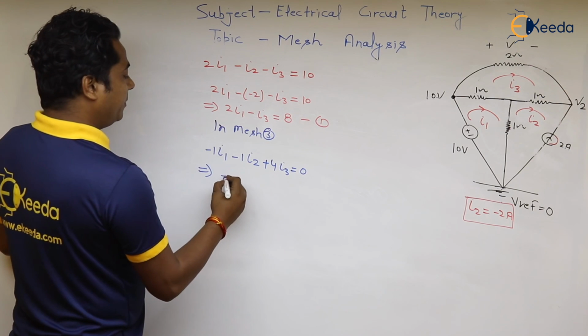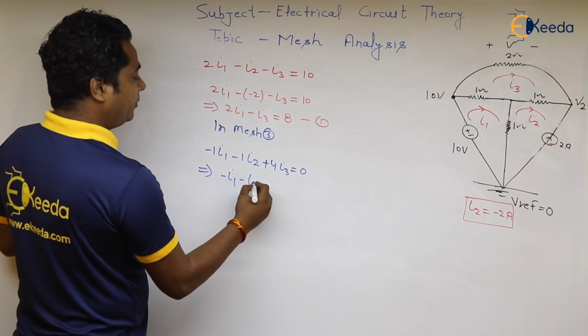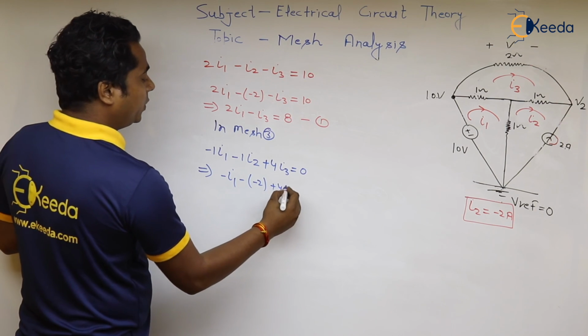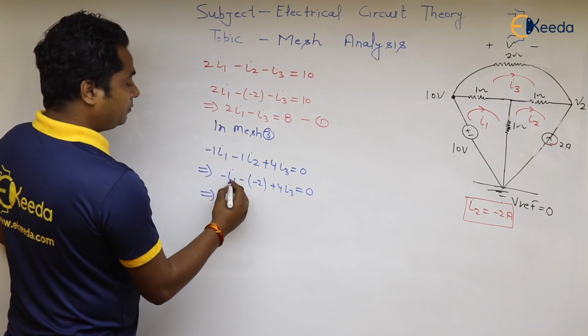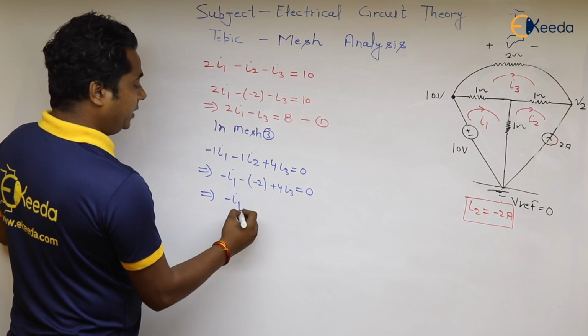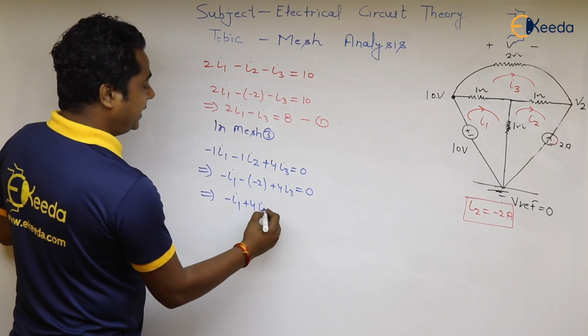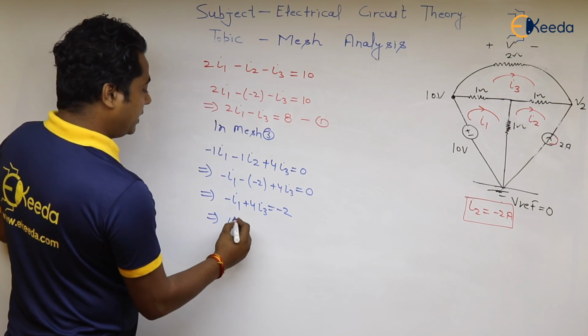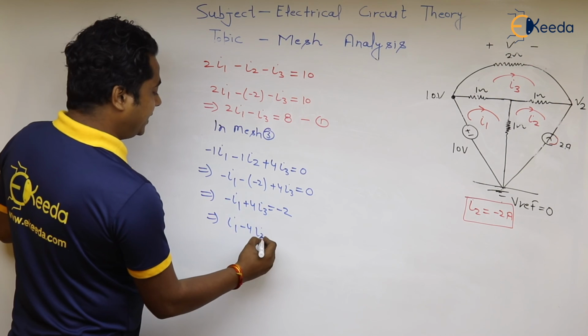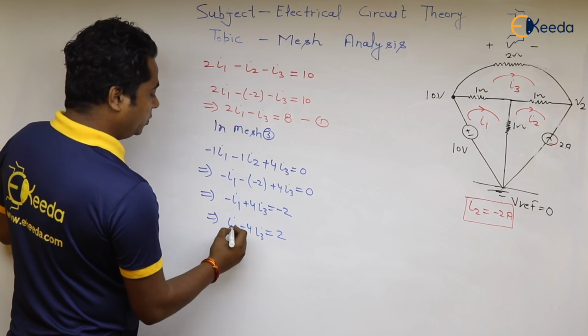So here minus I1 minus of minus 2 plus 4 I3 is equal to 0. Here minus I1 plus 4 I3 is equal to minus 2. So I1 minus 4 I3 is equal to 2.